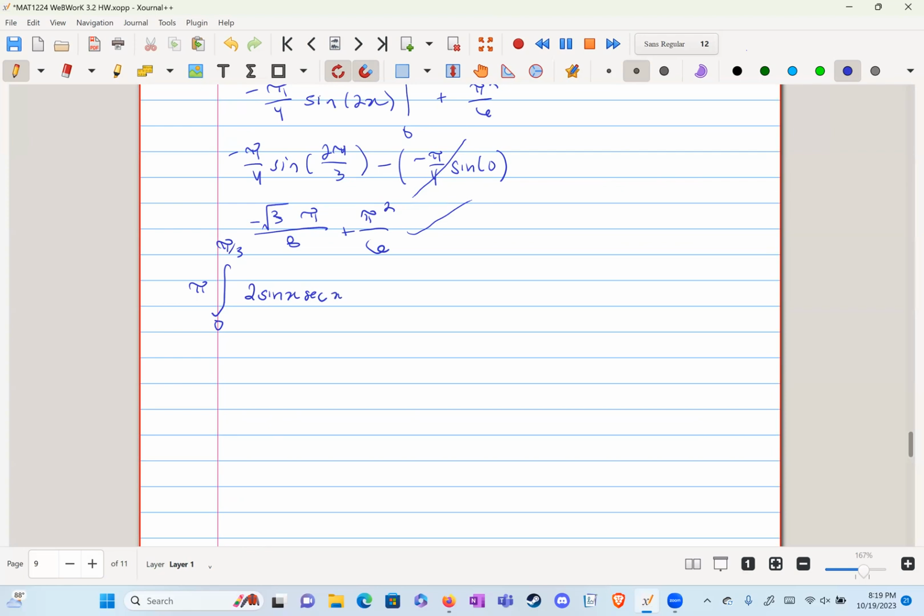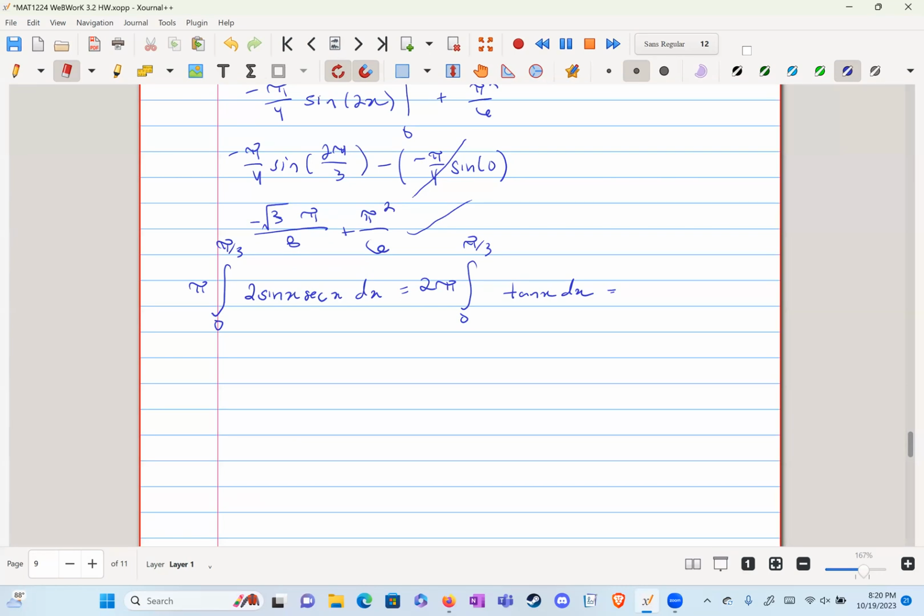So secant x dx, which we can write as pi times the integral from 0 to pi over 3 of just 2 tangent x dx.